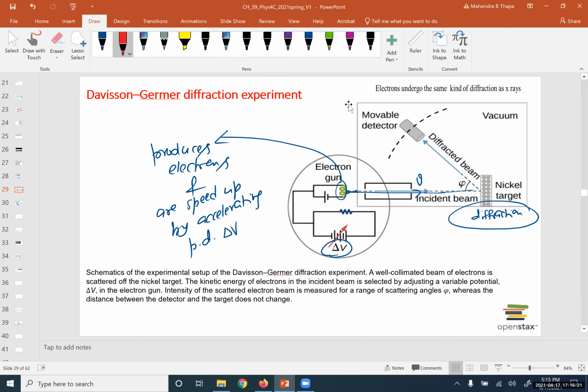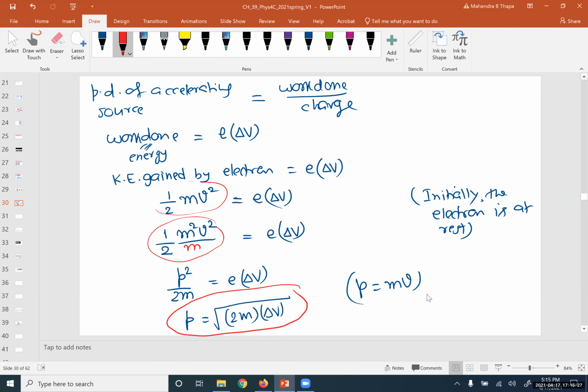This means after coming through that, it has a speed v given by these equations.